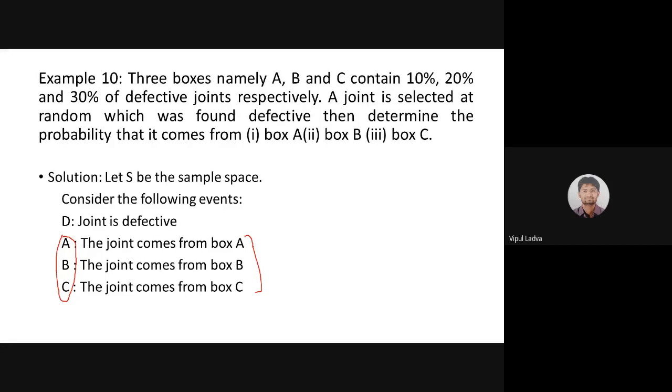That means the intersection of these three events will be the null set. Yes or no? As well as the union of these three will be the whole sample space. आपने जो भी इवेंट लिया है वो तीन में से कोई एक में से तो होगा ही ना. मेरे पास तो तीन ही बॉक्स है. I am not having the fourth box, I am not having the fifth one. So when I am selecting a random joint, then it might be from A or B or C.